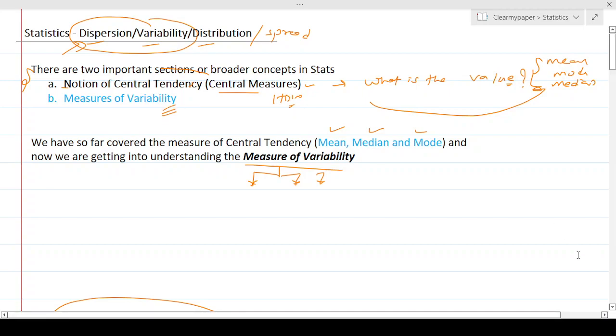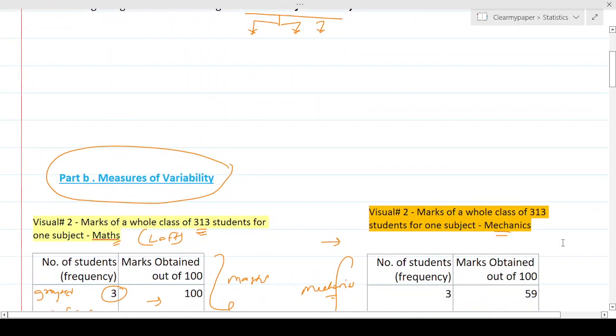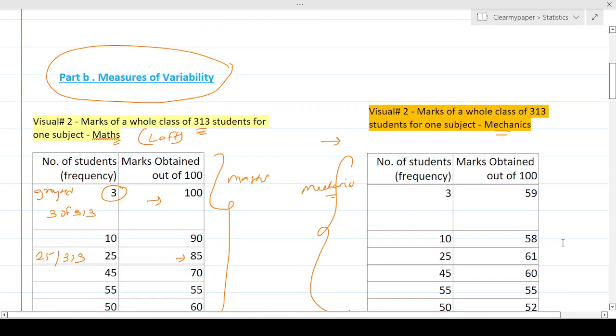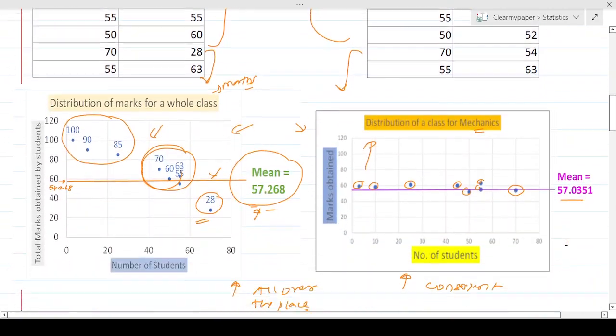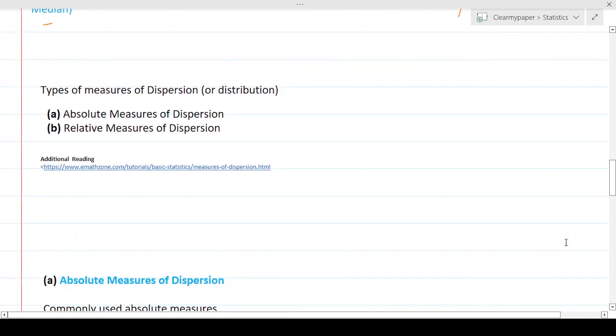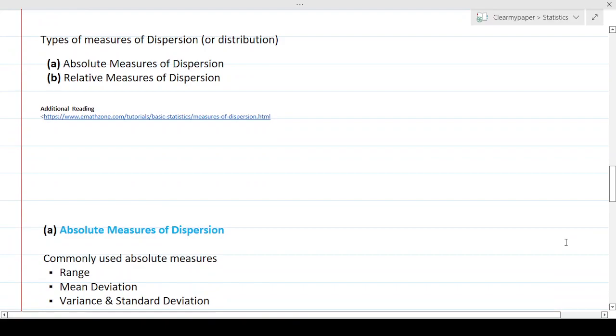In this episode, I'll still introduce you to the different ways to measure it, and in the subsequent videos we'll talk about how exactly we need to measure it. Okay, so let's keep going. What are the different types of measures of dispersion? How do we measure dispersion, or distribution, or variability? Okay, there are two ways to measure this.